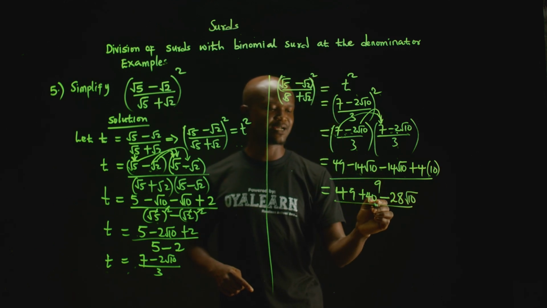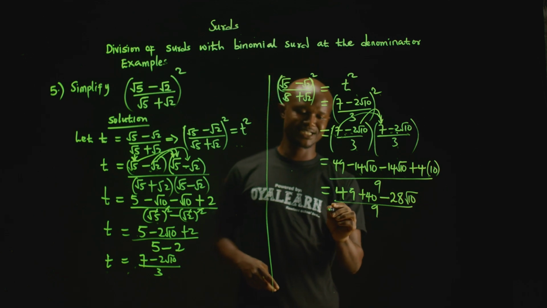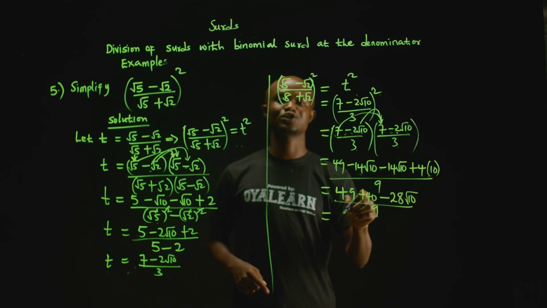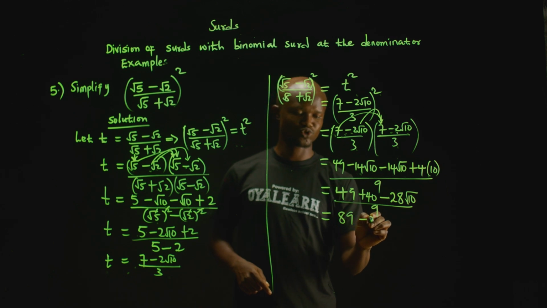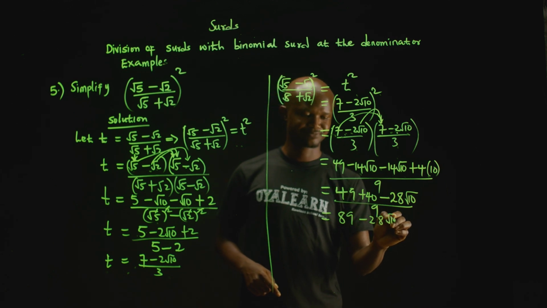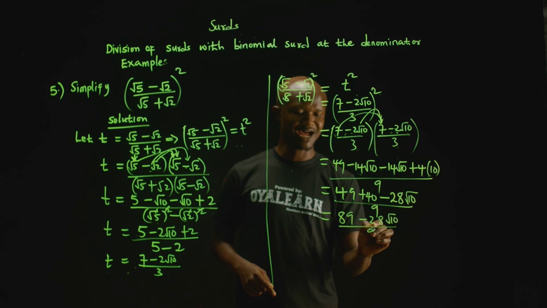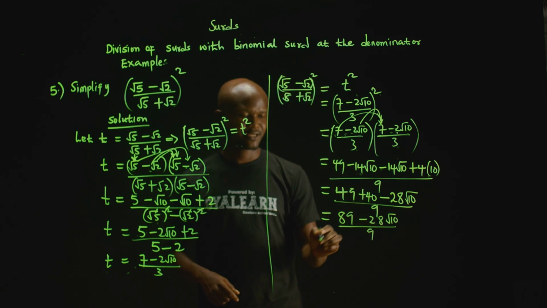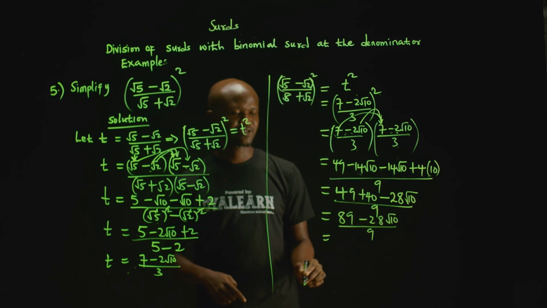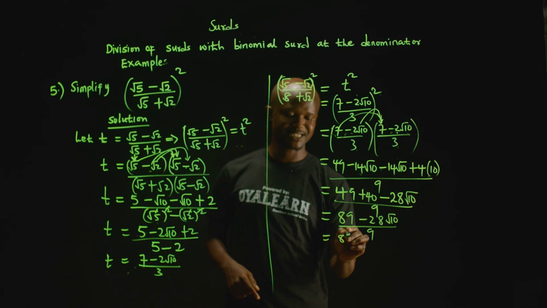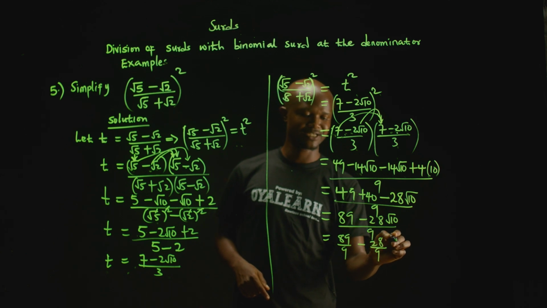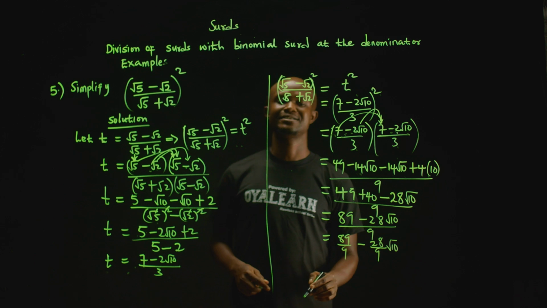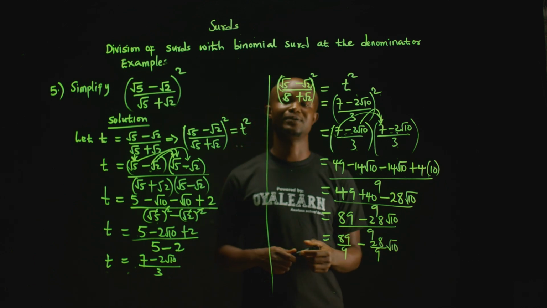So everything divided by 9. In this case, 49 plus 40, that is 89, so minus 28√10. We can now write this as partial fractions. In that case, we have 89/9 − (28/9)√10. That is the solution to the problem. Thank you.